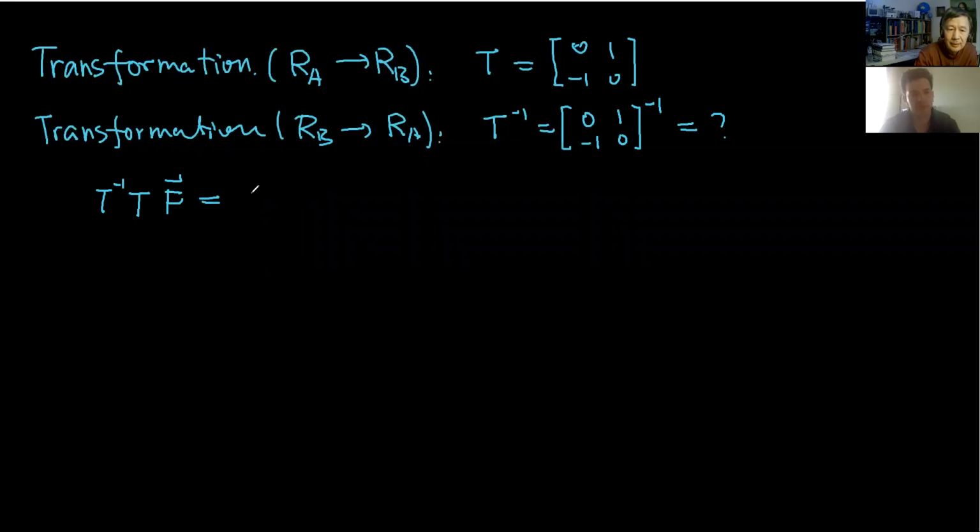It equals F. Nothing will happen. Forward, backward, nothing will happen. So therefore, we can conclude logically that this is equivalent to a unit vector.